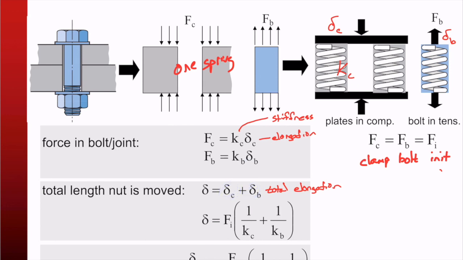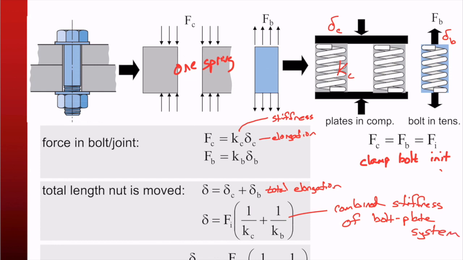And then the two things together, right, that total elongation has to be this force times some combined stiffness. And so this is combined stiffness of bolt plate system.